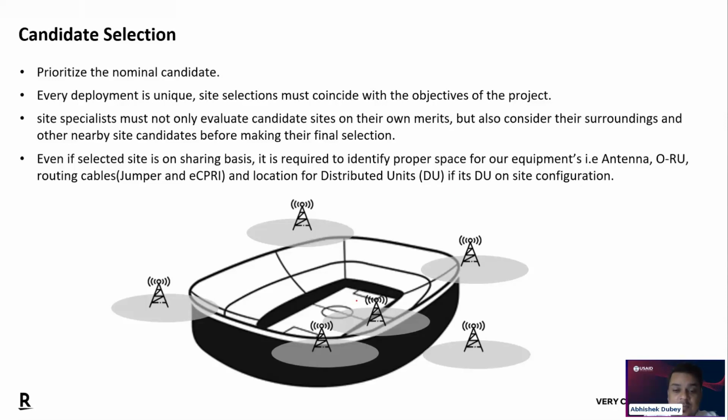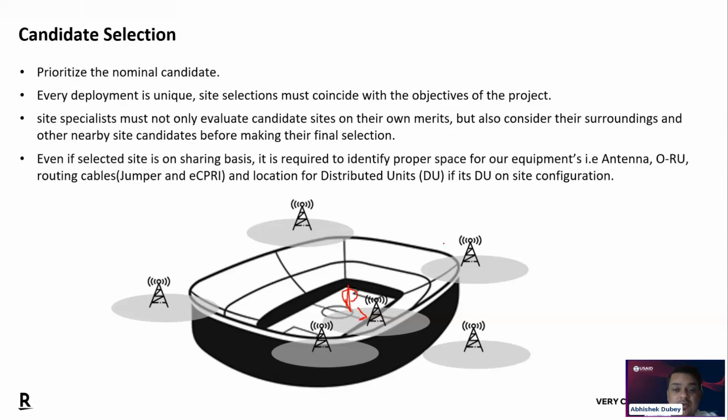So the planner gives you the option that this should be a P1. I mean, if you install the site at this location, you are going to cover this whole stadium from the coverage perspective as well as the capacity perspective. The capacity requirement can be fulfilled as well as the coverage requirement.